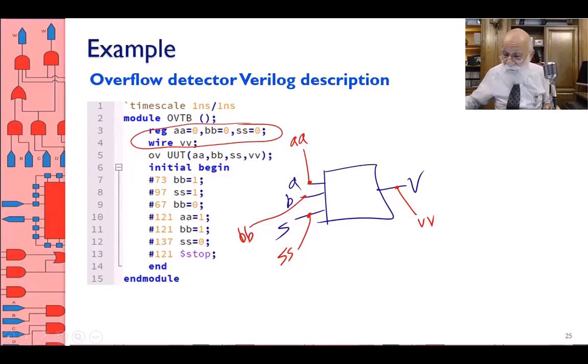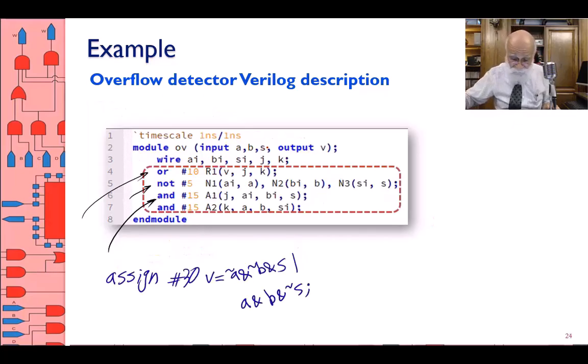The second part is instantiating my overflow circuit. Instantiating my overflow circuit, meaning that that circuit that I'm testing, which is OV, remember, it is OV here. It is OV, and the ports are A, B, S, V in this order.